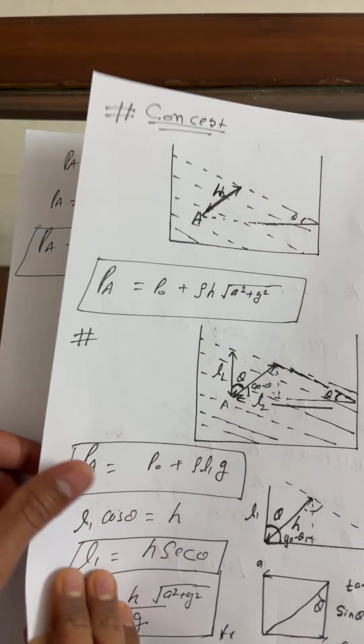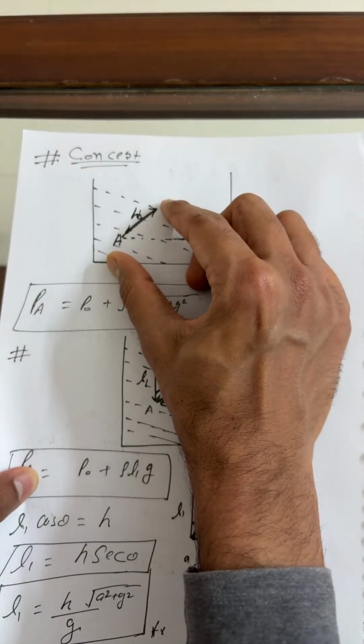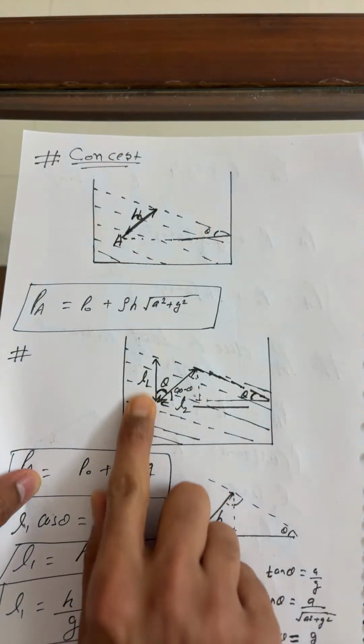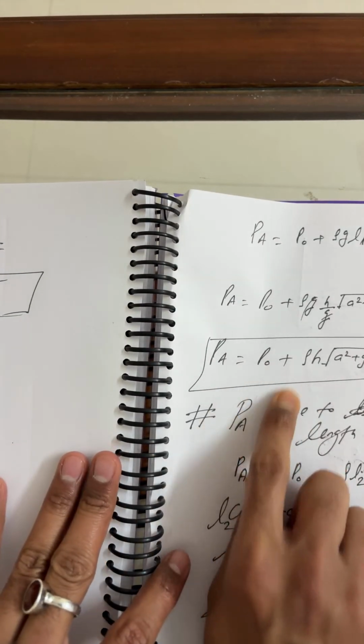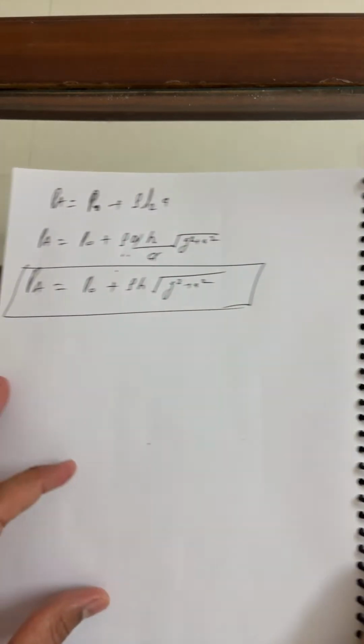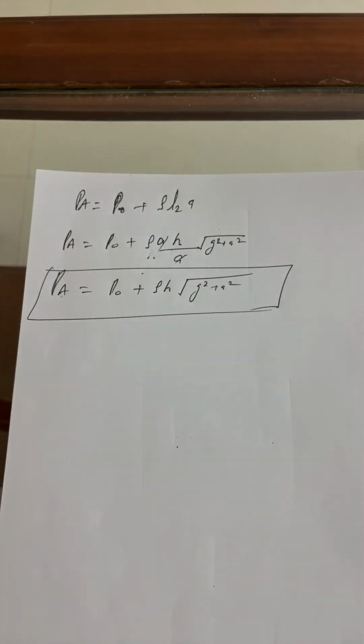This is the first formula, I can say pressure at A with respect to height. Pressure at A due to length L1, which I found over here, right? Pressure at A due to L2. So already I gave three formulas for pressure at A only, right?